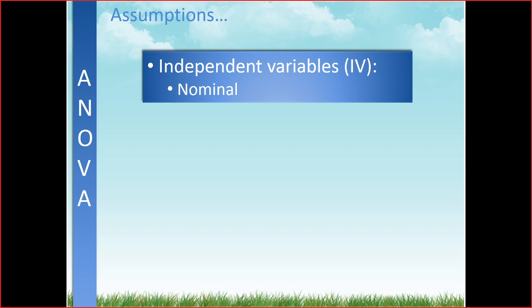So the independent variables for this are always nominal or categorical. You'll hear the two words are synonymous. Nominal variables just means names for variables or categories, like male, female, regions of the UK, education level.